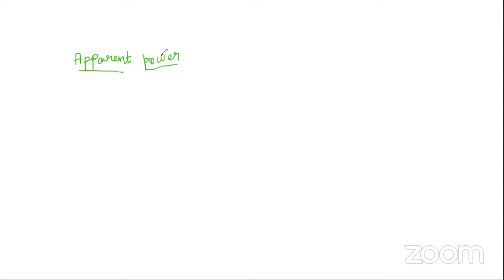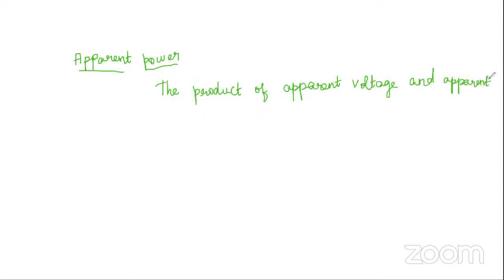The product of apparent voltage and apparent current in an electrical circuit, that is called apparent power.